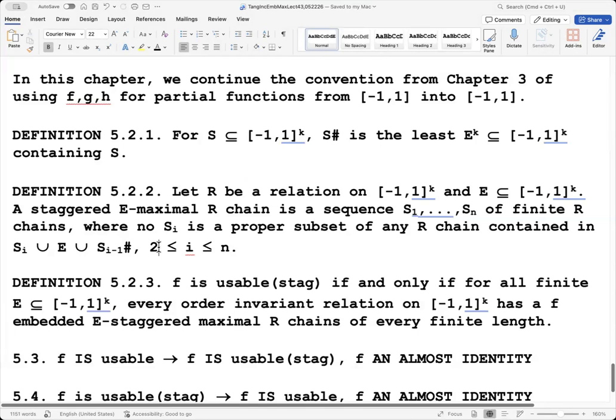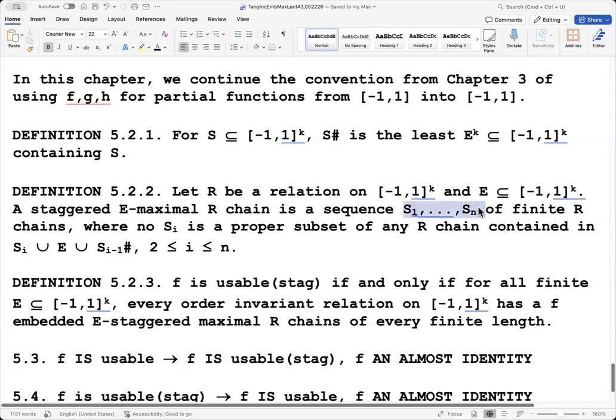So the idea here is that I don't say that SI is maximal. It may be a subset of a bigger chain, but it's not a subset of a bigger chain that's contained in some stuff. So you get used to this, makes sense. Then there's a set E that you start with that sort of gets things going. E is not part of the system.